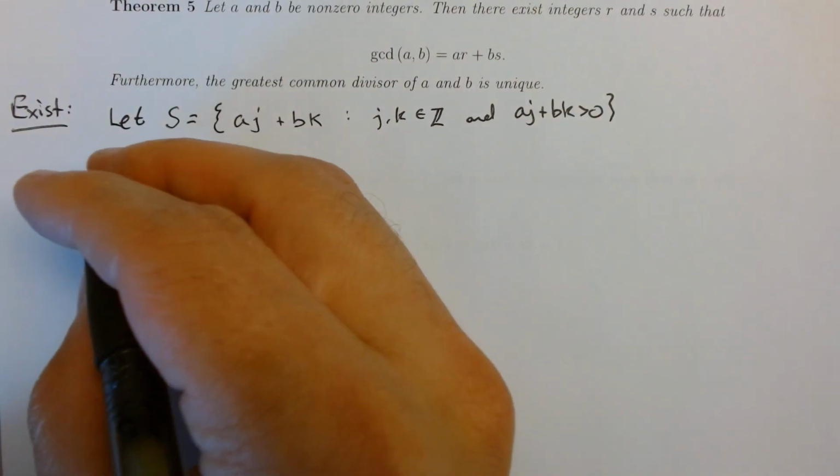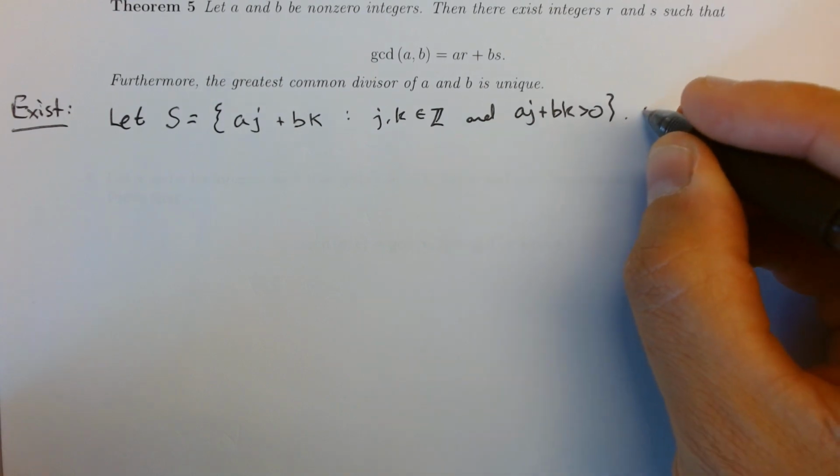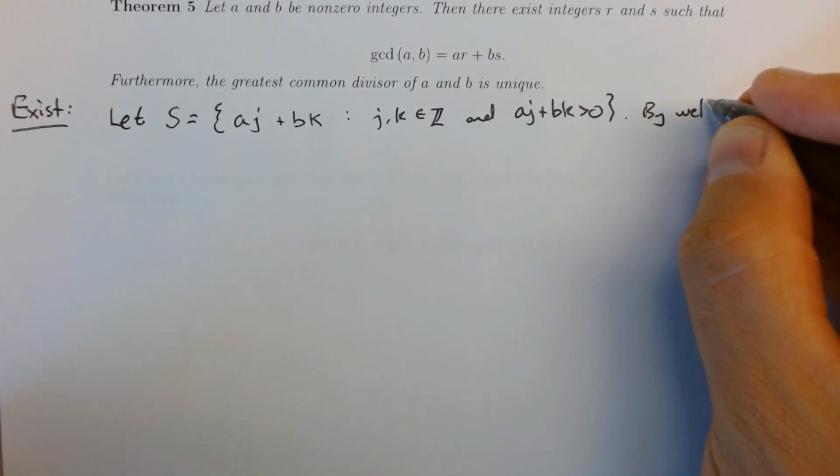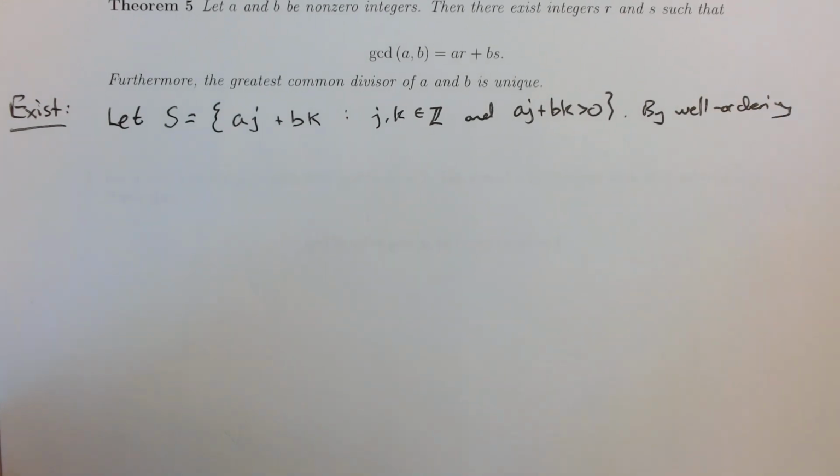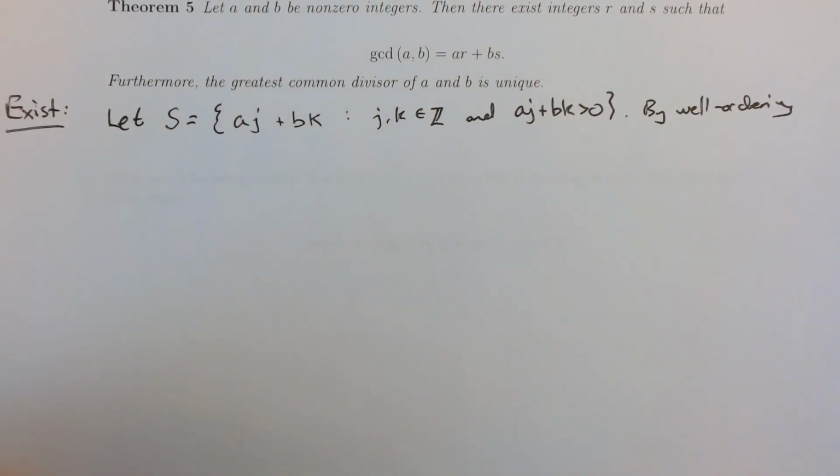So we'll just skip to using the well-ordering principle. So by well-ordering, S has a minimal element, which is going to end up being our GCD, so we'll call it D, which is usually the letter we use for the GCD.